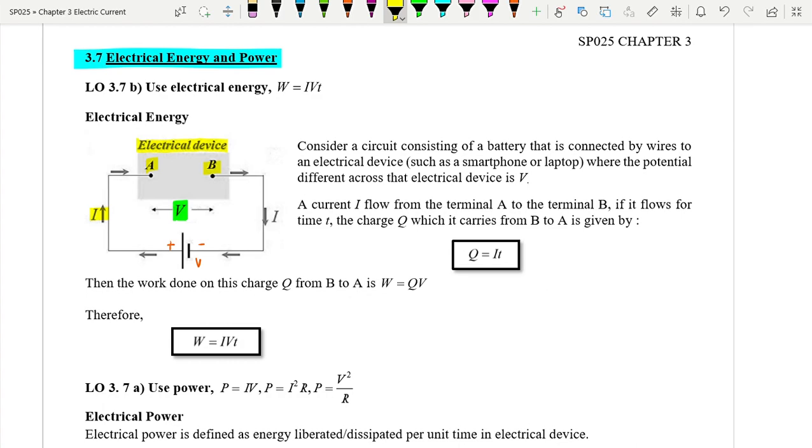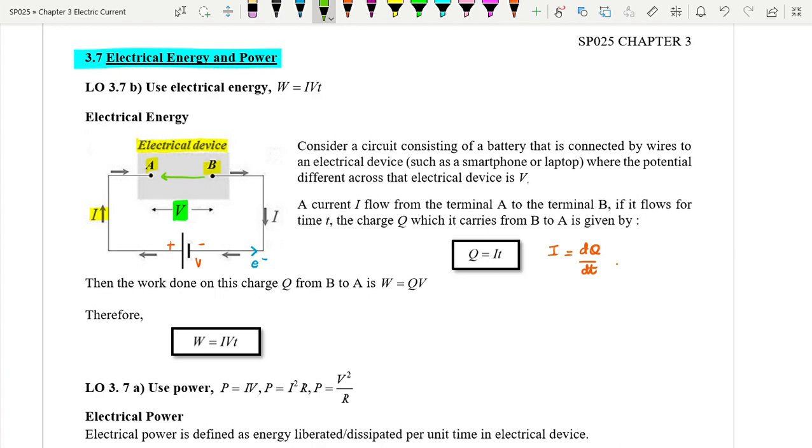Q equals IT, from the definition of current, which is the rate of flow of charge. If current moves from positive to negative, charge will flow from the negative terminal to the positive terminal. So that is the direction of charge. So we have Q equals IT. And in order for the charge to move, in this case, the charge will be moving from B to A.